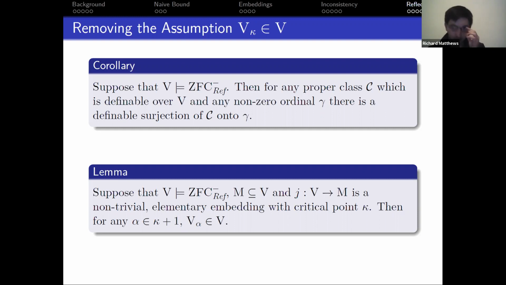And the nice property of this lemma is now if V is a model of ZFC minus with reflection, M is a subclass of V, and j from V to M is a non-trivial elementary embedding whose critical point is kappa, then for any alpha in kappa plus 1, V alpha will actually be a set in V, which sort of answers what I wanted to do at the end of the inconsistency section.